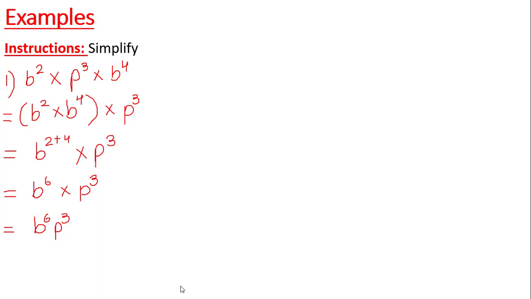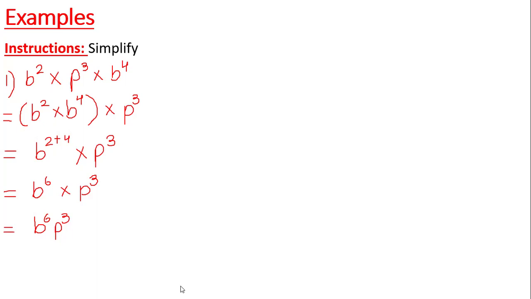Then you put b to the 2 plus 4 times p to the power of 3. Then you add 4 plus 2, which is 6. So b to the power of 6 times p to the power of 3. That's the answer. Very good.